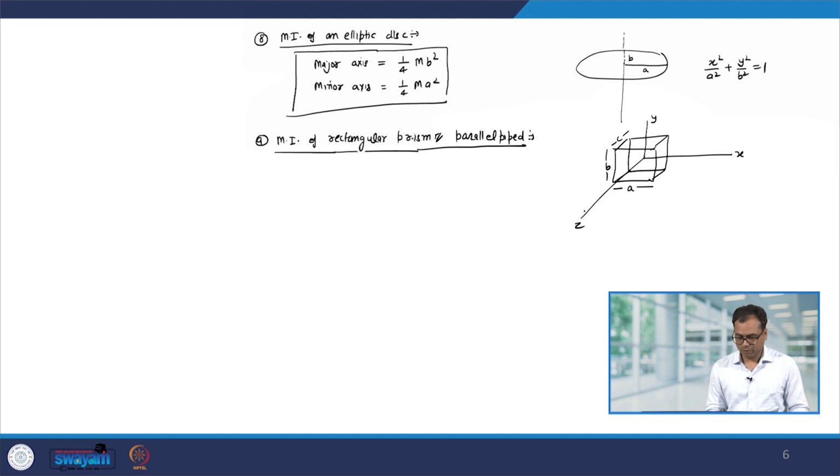Then the moment of inertia I x about the x axis will be m over 12 times b square plus c square, I y will be m over 12 times c square plus a square, and I z will be m divided by 12 times a square plus b square.